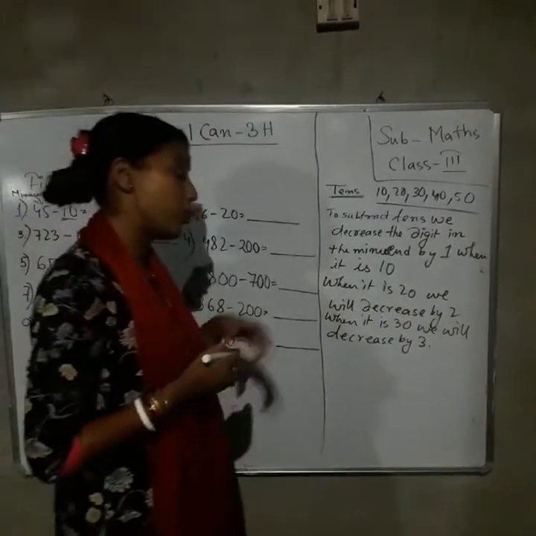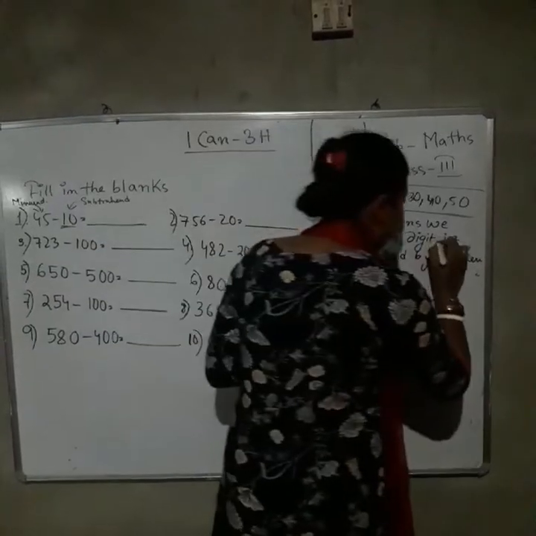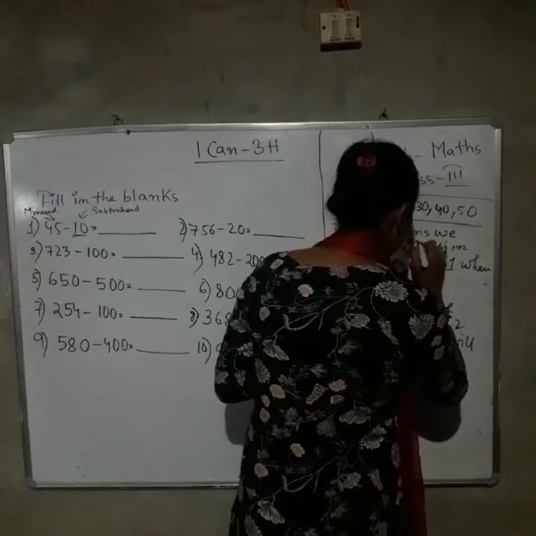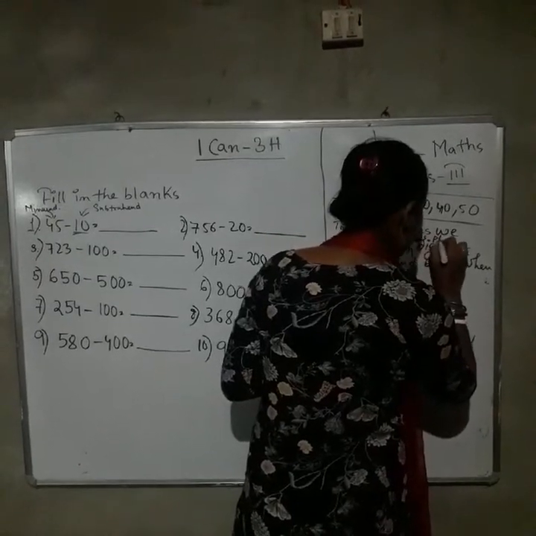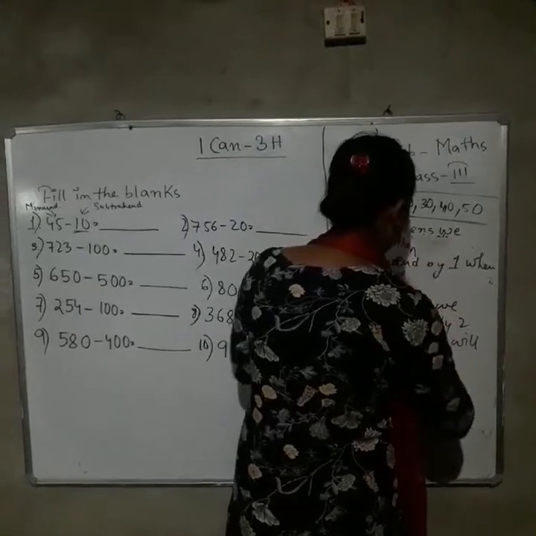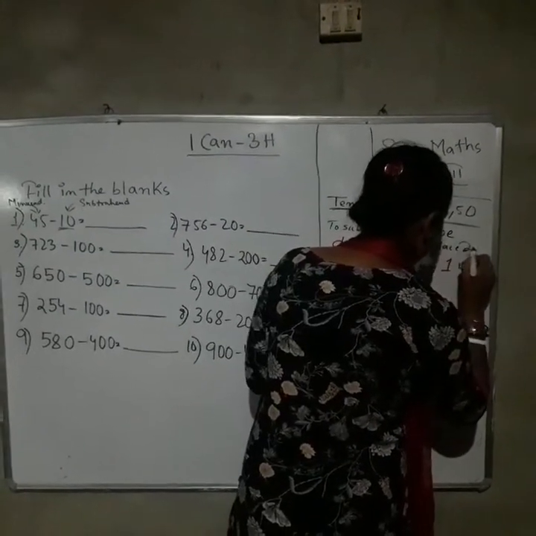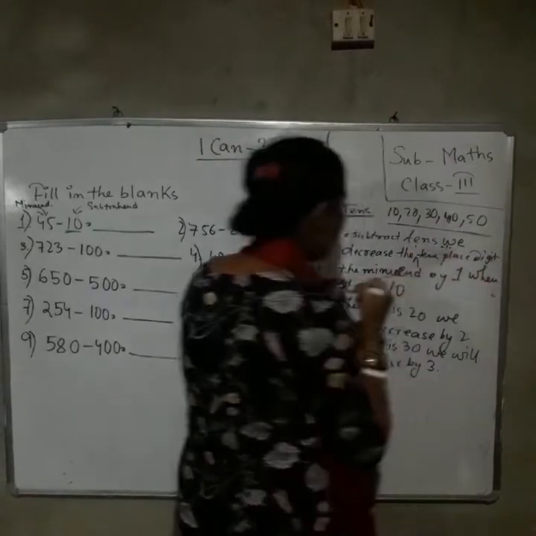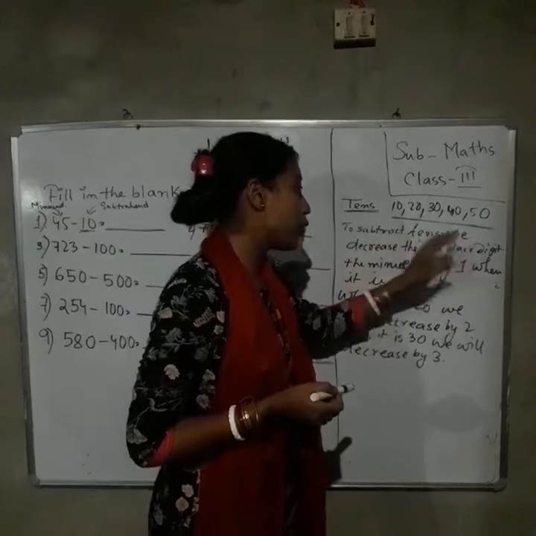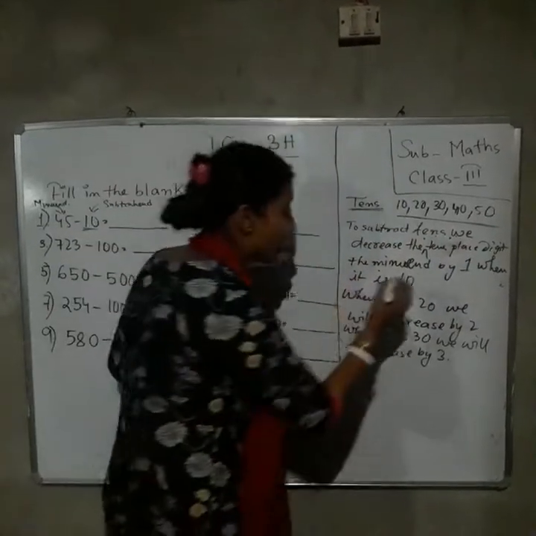To subtract tens, what do we do? We decrease the tens place digit in the minuend.